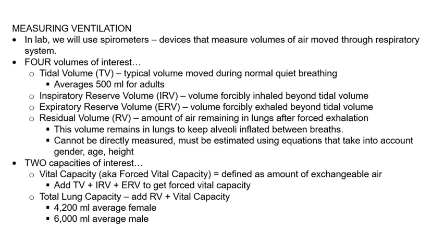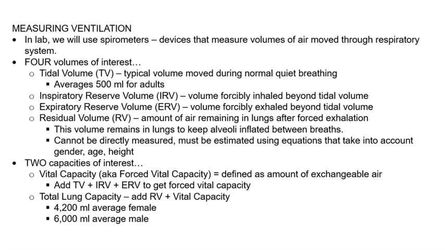We also see that there are 2 respiratory capacities of interest. One of those is vital capacity, also called forced vital capacity, which is defined as the amount of exchangeable air. Vital capacity is a forced inhalation followed by a forced exhalation, which takes into account tidal volume plus inspiratory reserve plus expiratory reserve. We simply add those 3 volumes together to get vital capacity.